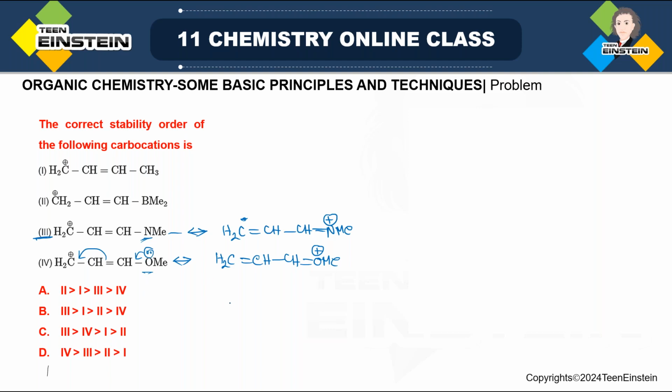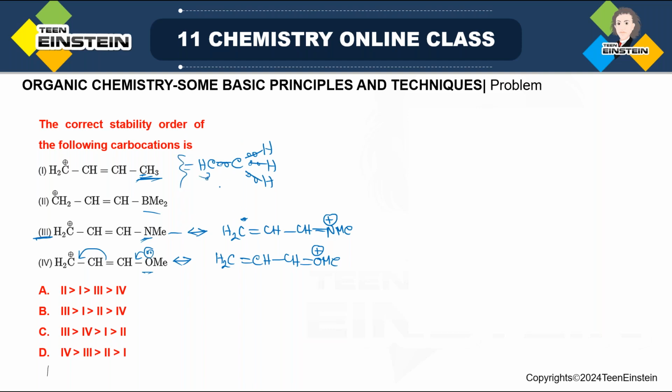But what about 1 and 2? In case of 1, a lone pair is not present here. But in boron also there is no lone pair. So what to do? How to compare? Remember, though in case of methyl a lone pair is not present, this carbon, if you see, has a complete octet because the total number of electrons surrounding this carbon is 8. On this side we have CH and then it is continuing.